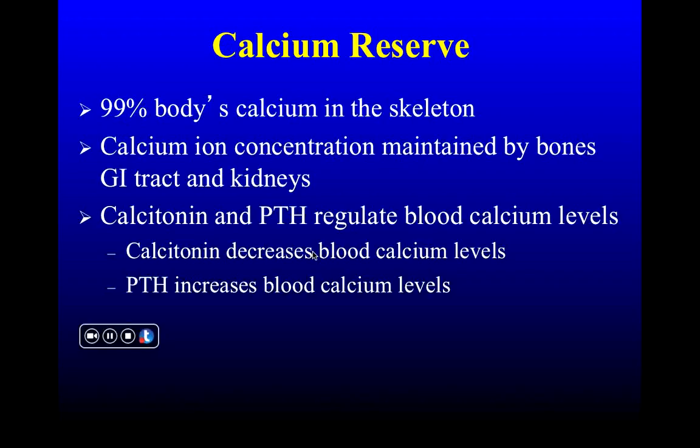So, one of these hormones is going to stimulate bone to be broken down. And what cell is it going to stimulate to do that? That's right, the osteoclast. The osteoclast is the one that breaks bone down. So one of these hormones is going to stimulate osteoclast when blood calcium levels are too low.